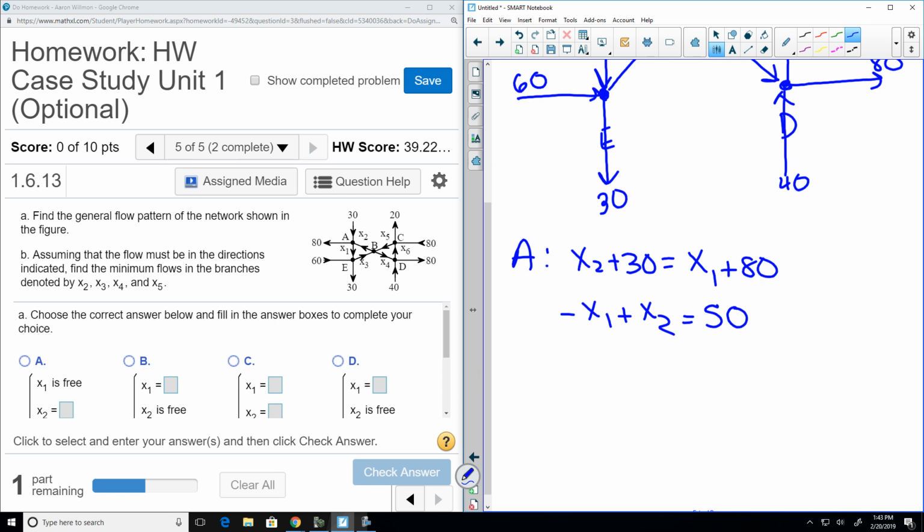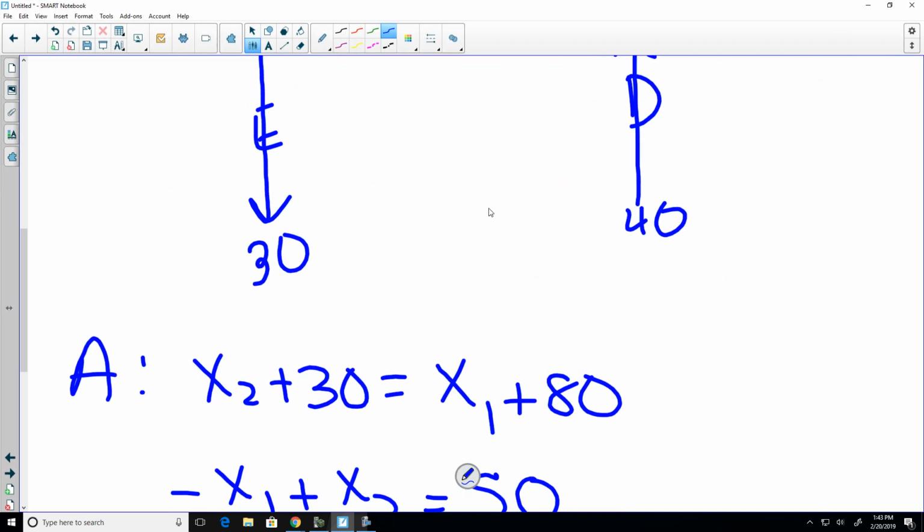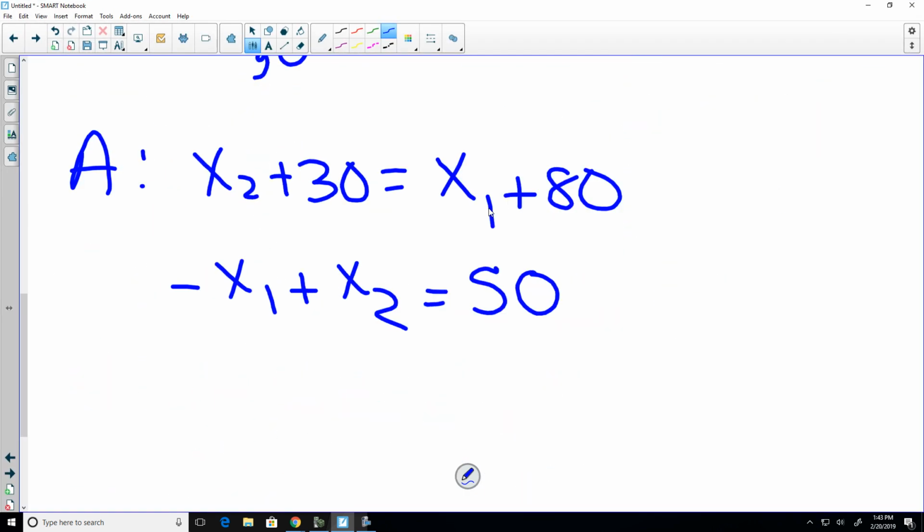So that's an equivalent equation for intersection A. Let's just do this, and then we'll go back to the question.